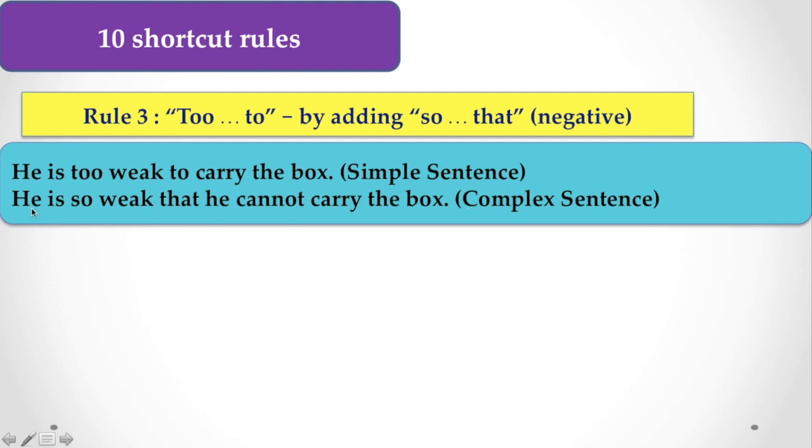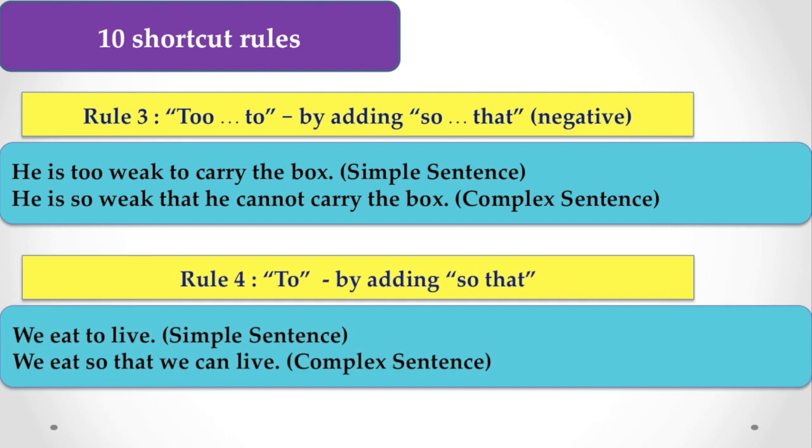The example is like this: "He is so weak that he cannot carry the box." Here you find so, that, and the negative structure cannot. You have to use that negative structure to make this complex sentence without changing its meaning.